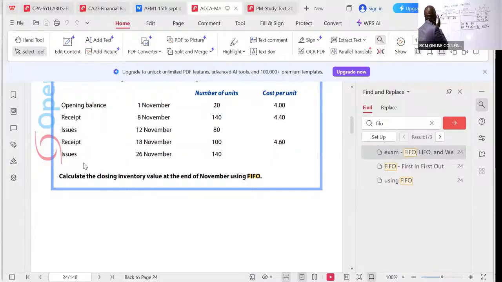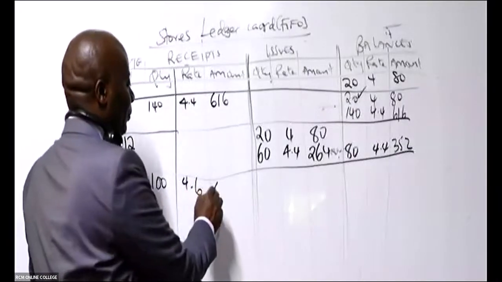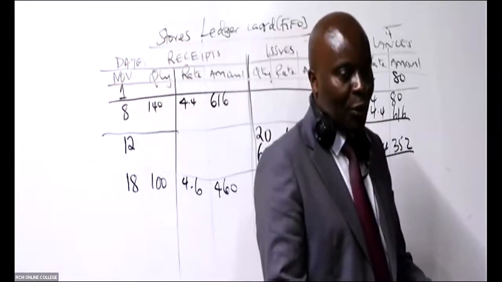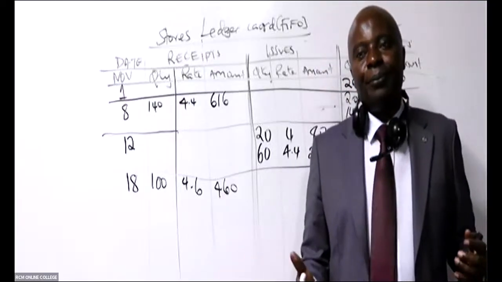We received 100, at 4.6. So this is really easy. So 100 times 4.6 gives me how much here, somebody? 460, right? So once we receive, very easy, we book it under receipts and update the balance.